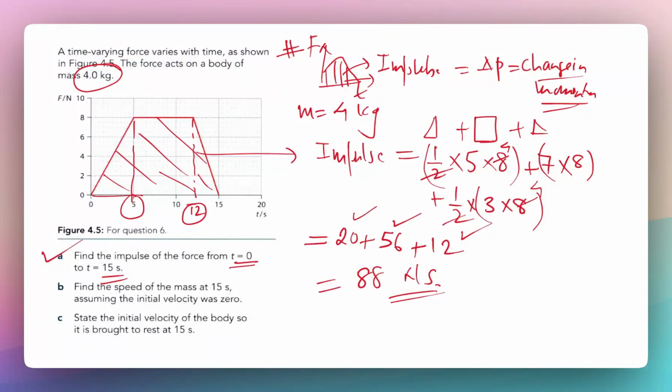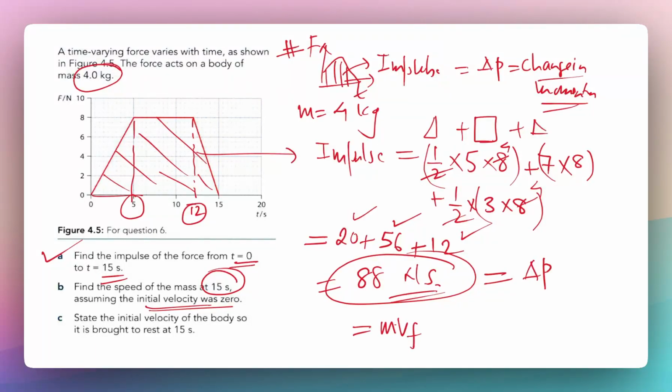Now, in part B, find the speed of the mass at 15 seconds. Assume the initial velocity was 0. Okay. So as we know, this impulse of 88 is also equal to the change in momentum. That is going to be mass into the final velocity minus mass into the initial velocity. Because the initial velocity is 0, this is going to be simply mass into the final velocity. So our 88 is going to be mass into the final velocity, and the final velocity is going to be 88 by mass, and mass is given.